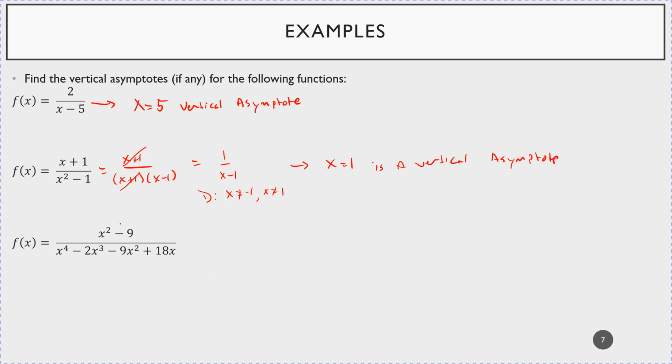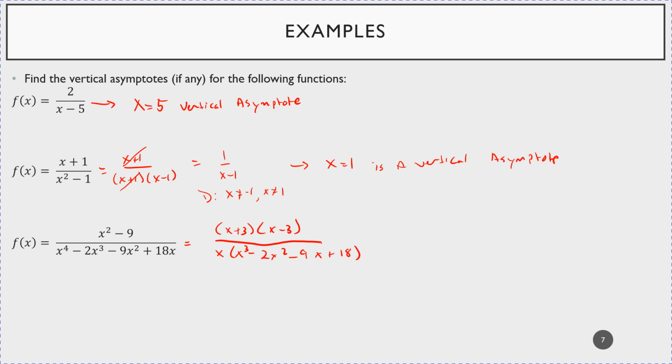All right, like here, oh my gosh. So remember what I said. You're going to have to find the vertical asymptotes by only looking at the simplified version. So this is going to factor into x plus 3 times x minus 3. Factor out an x. You can see that because they all have an x.